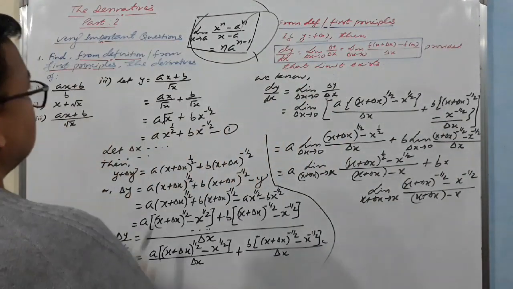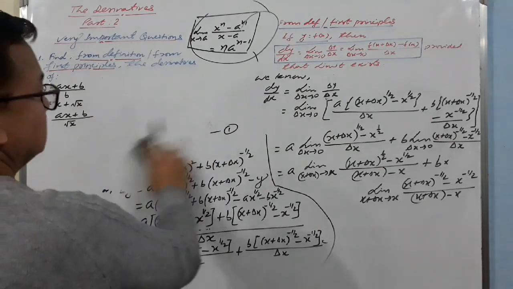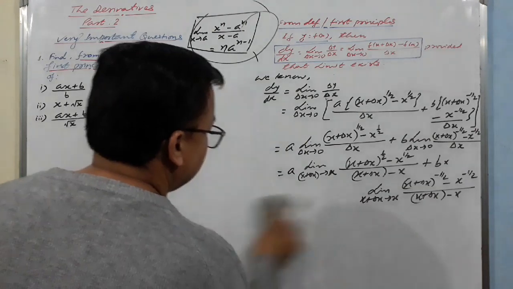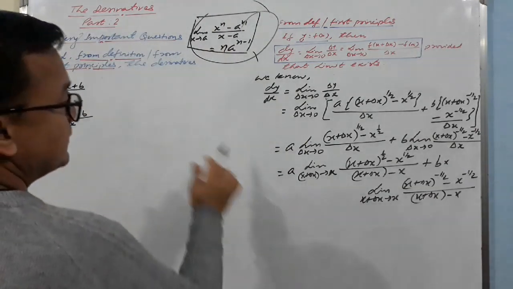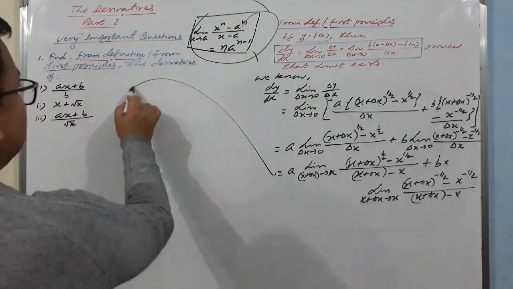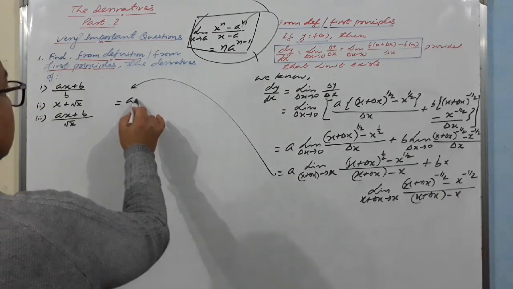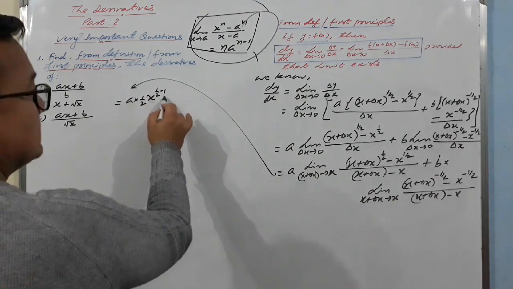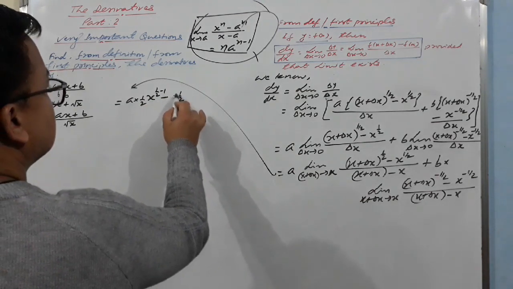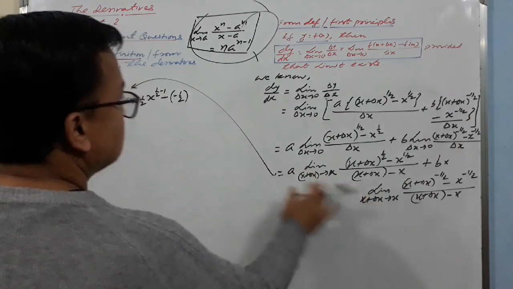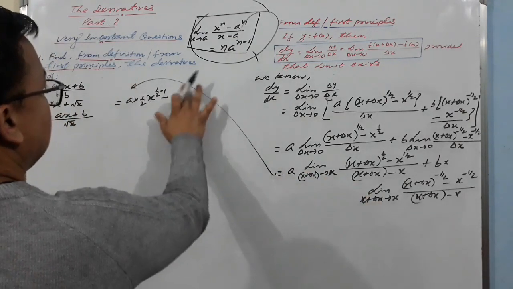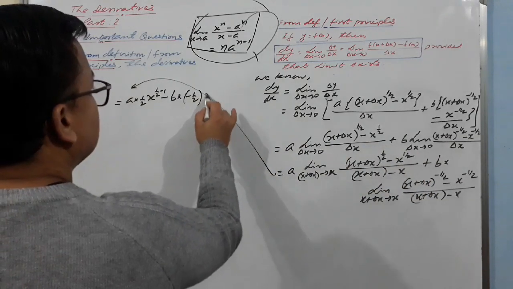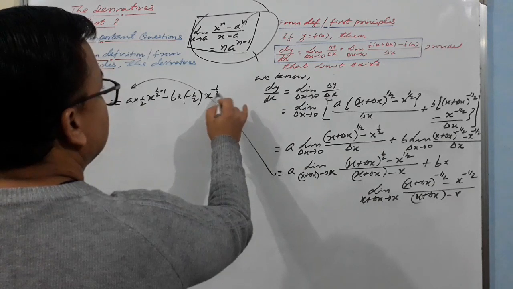Now I'm using the formula. Using this formula, here it is equal to a times 1 by 2 x to the power 1 by 2 minus 1, and for this, sorry, b times minus 1 by 2 x to the power minus 1 by 2 minus 1.